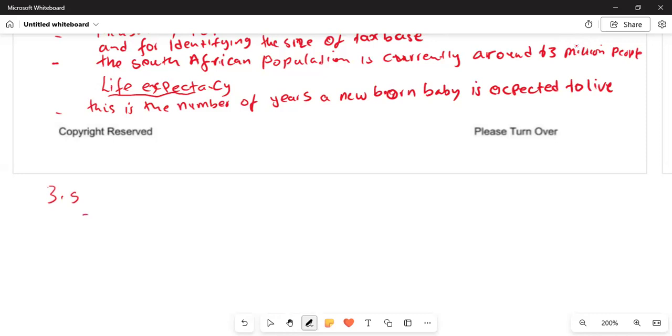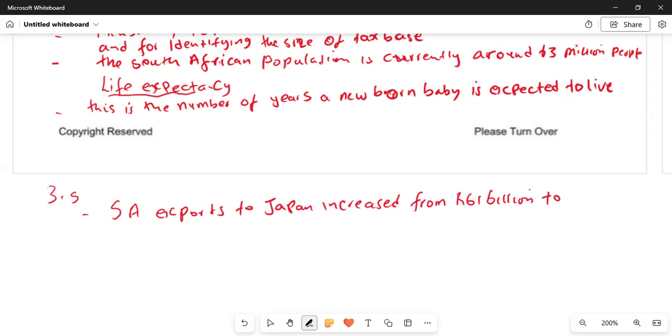Here we know that South Africa's exports to Japan increased from 61 billion in 2011 to 150 billion in 2021.